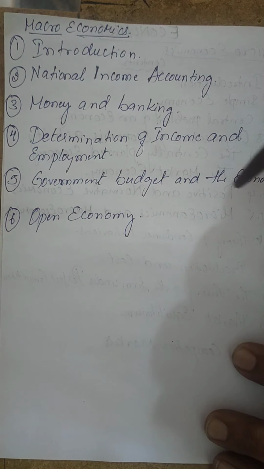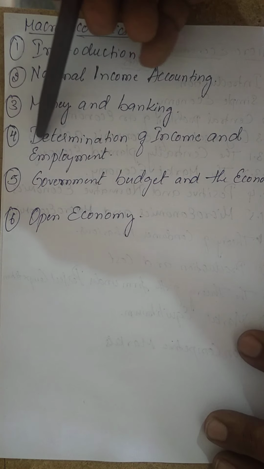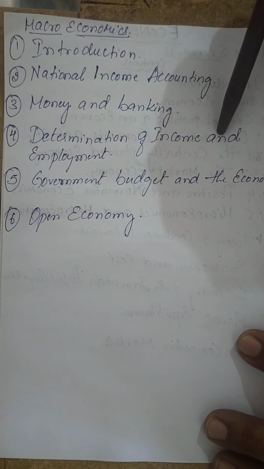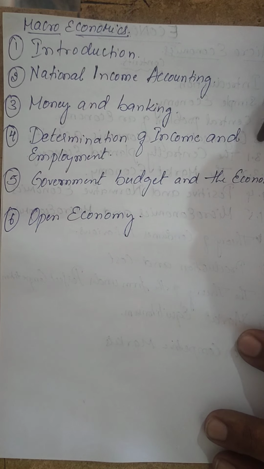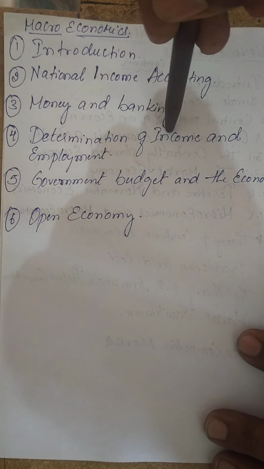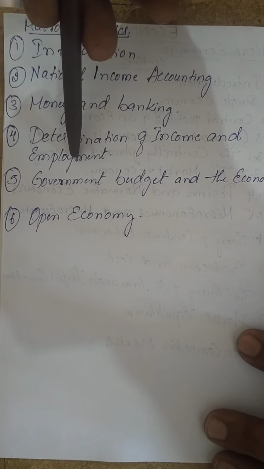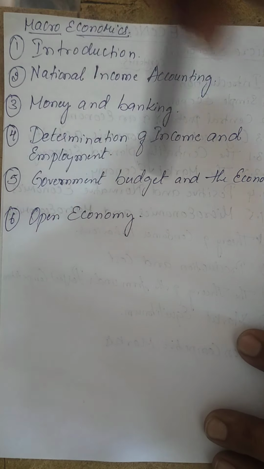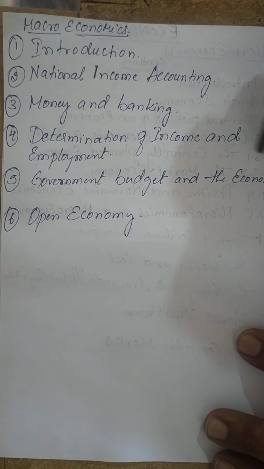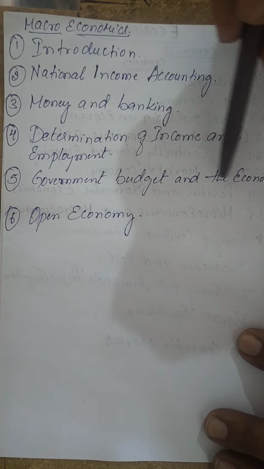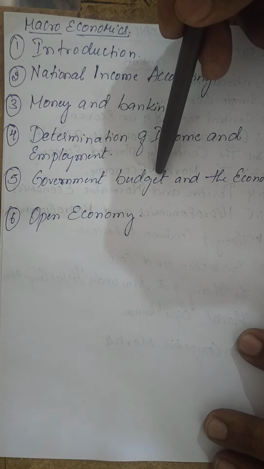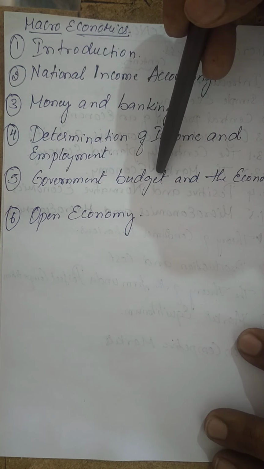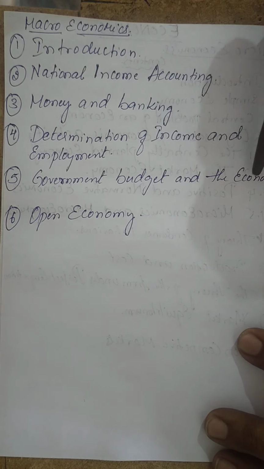In the next chapter we are going to study the determination of income and employment, which means how the nation determines the income and employment of individuals. The fifth chapter deals with government, budget and the economy, how the government allocates the budget for the Indian economy.